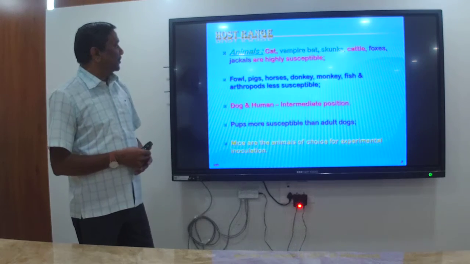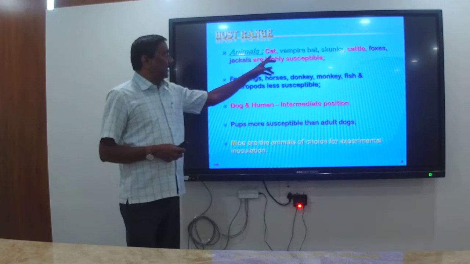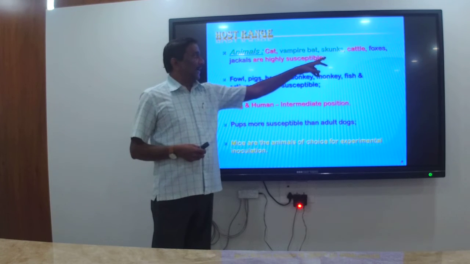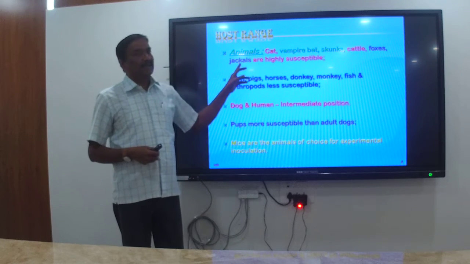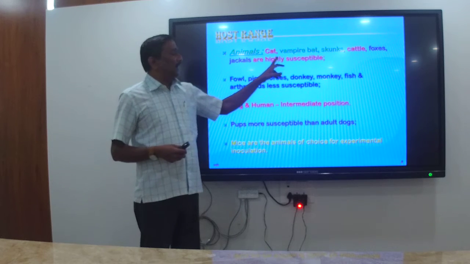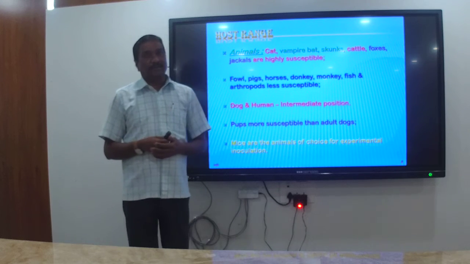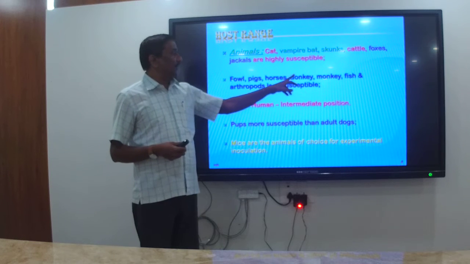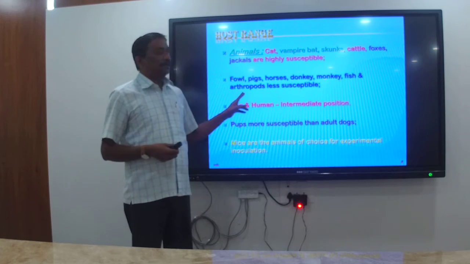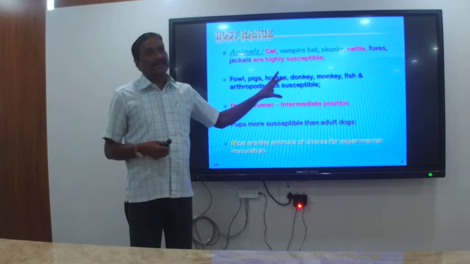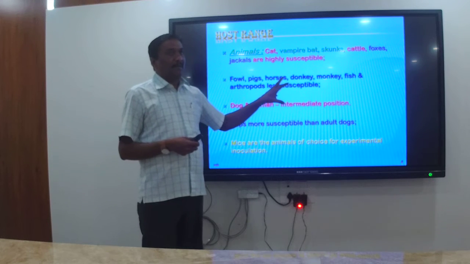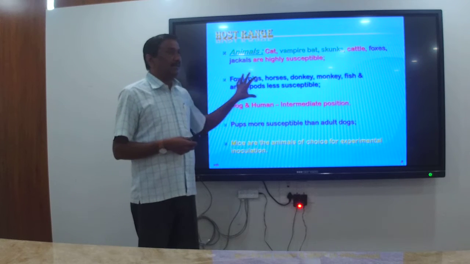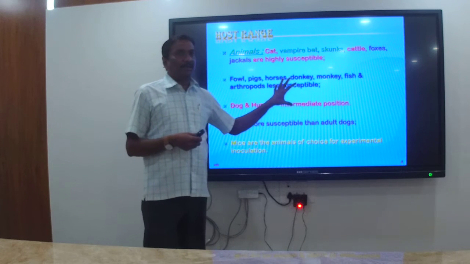So the natural hosts are cats, vampire bat, skunks, cattle, fox, jackals, and all these are highly susceptible to this infection. Whereas fowl, pigs, horse, donkey, monkey, fish, arthropods are less susceptible to this infection. But definitely, when a rabid animal bites these animals, they do get infected with rabies.